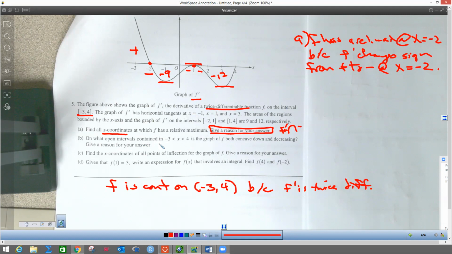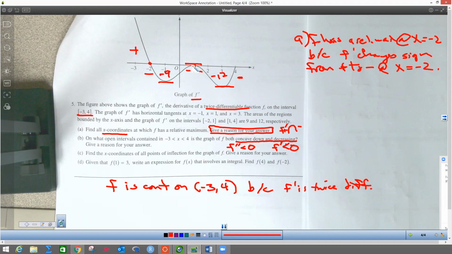On what open interval contained in -3 to 4 is the graph concave down and decreasing? Okay, so concave down means that f double prime has to be less than 0. Decreasing means f prime has to be less than 0. So what I'm going to do first, and I've already marked it up here really, is note that f prime is negative from -2 all the way over to here, because all of these are underneath the graph.